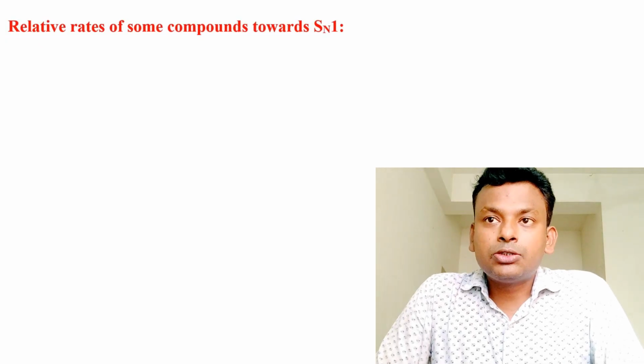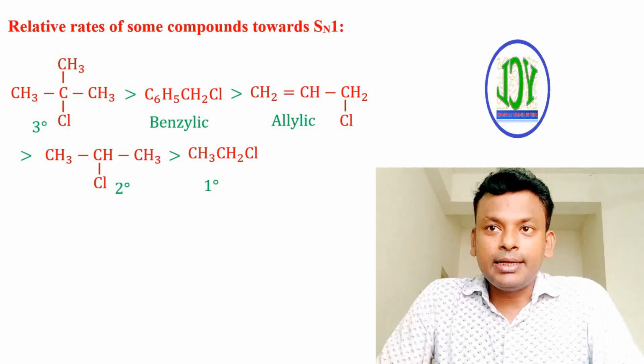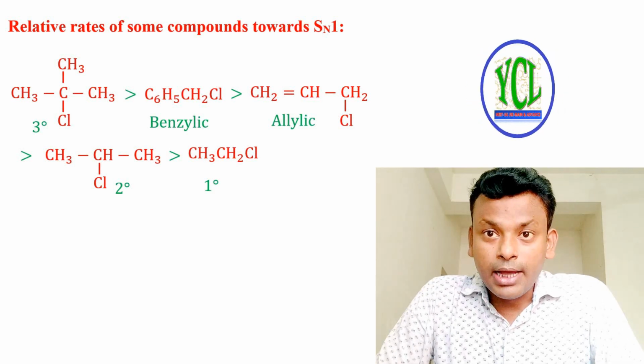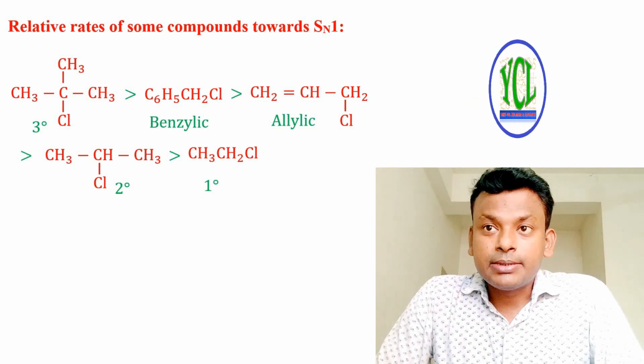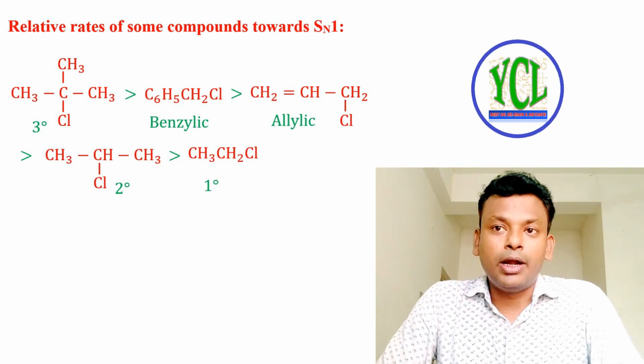So next, relative rates of some compounds towards the SN1 reaction. Here the 3-degree alkyl halide is more reactive. Next benzylic, next allylic, next 3-degree, next 1-degree.